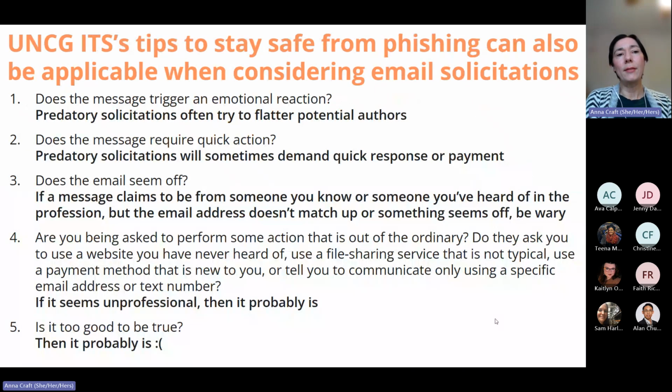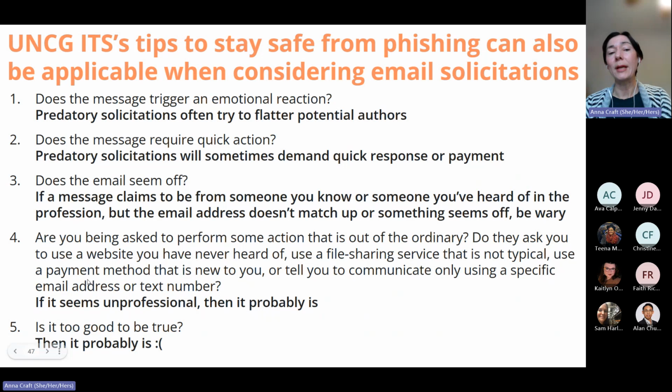And actually, the tips that ITS at UNCG has shared to stay safe from phishing can also be applicable for a lot of these emails that you might get from predatory journals. That kind of triggering of an emotional reaction. There's also often a lot of flattery in predatory solicitations, where they're telling you how much they have loved your work. They will often ask for very quick turnarounds, quick responses to their emails, or quick payment.